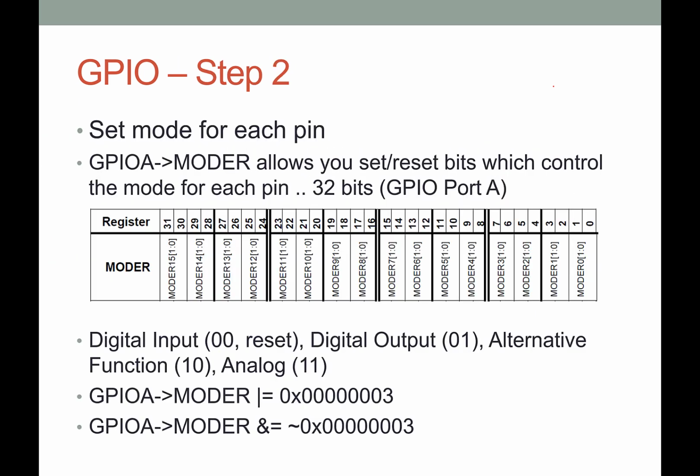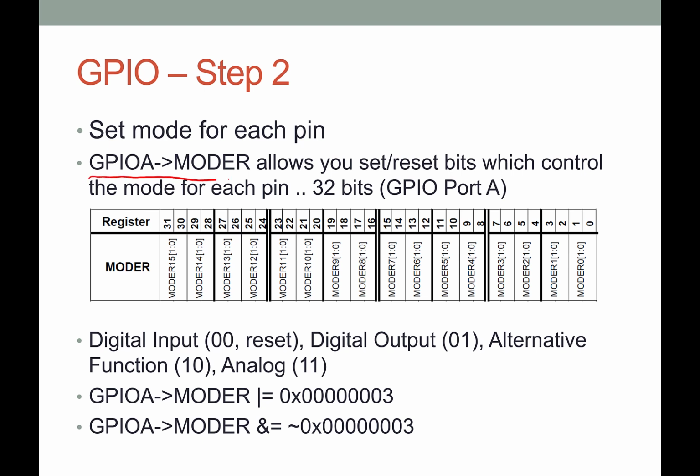Okay, so the next thing we're going to talk about is the mode register, and specifically how we need to set up each pin. It shows you here the mode register for GPIO-A.